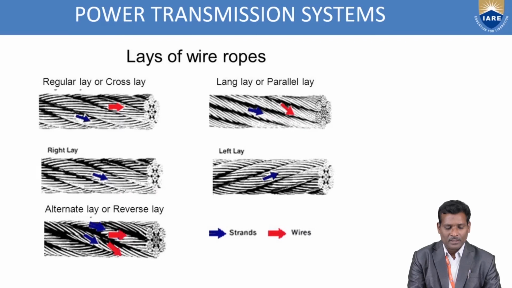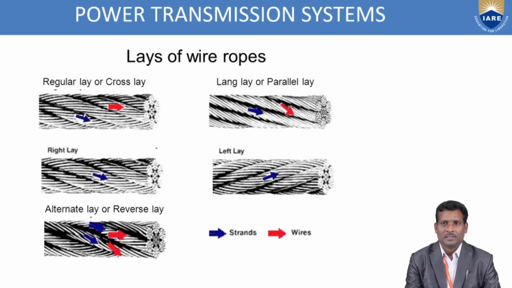Then the alternate reverse, the composite rope. And see the Langley or parallel lay, in the same direction: the strand twisting direction and wire twisting direction are the same. So this is left lay, the direction is left hand side, and this is right hand side.